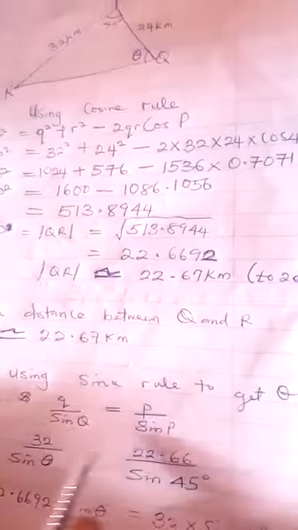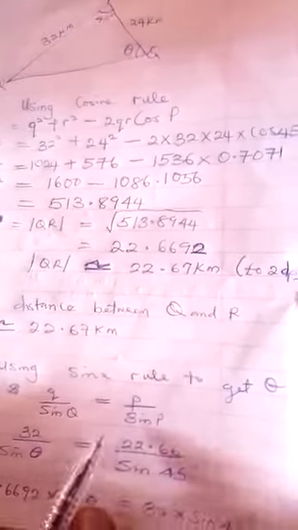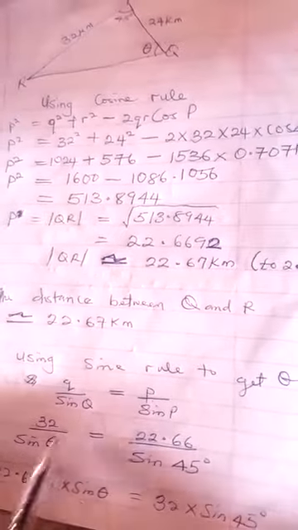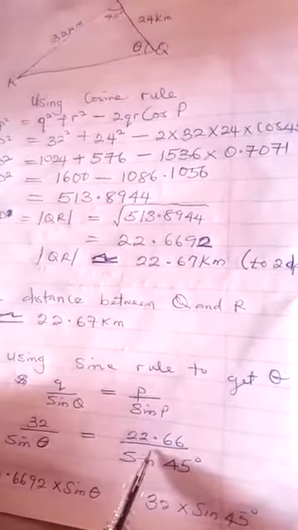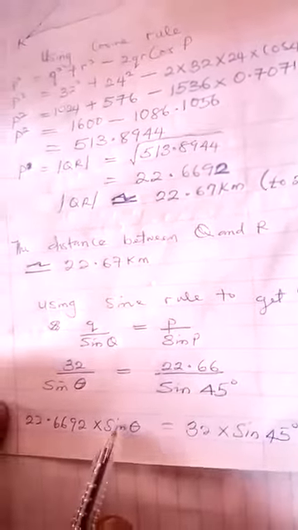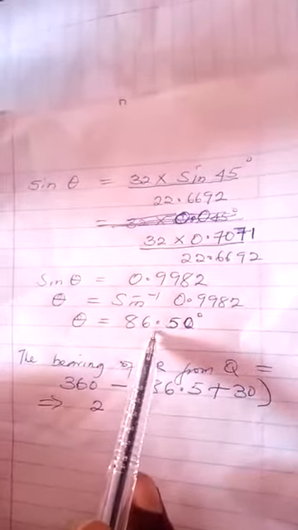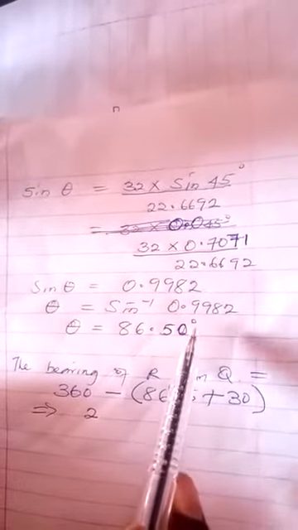Q over sine Q is equal to P over sine P. Now our Q is 32, sine Q is theta. As we have it here, we will cross multiply. Then finally, theta is equal to 86.5 degrees.